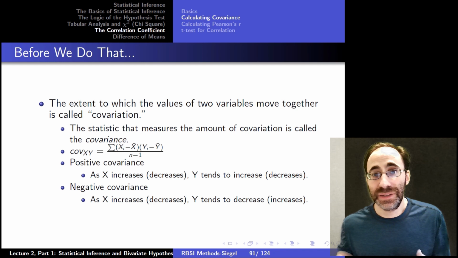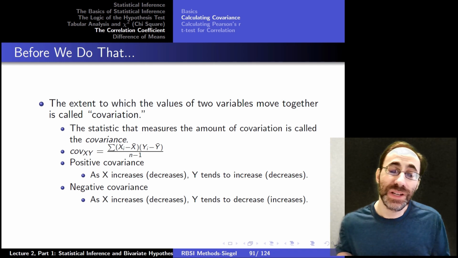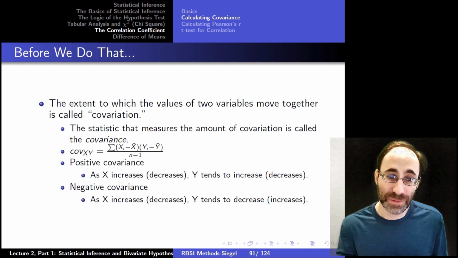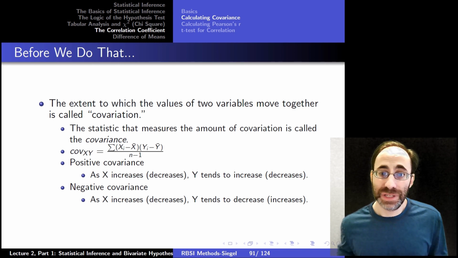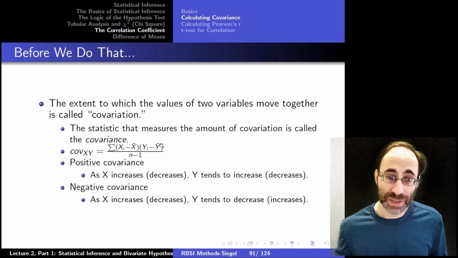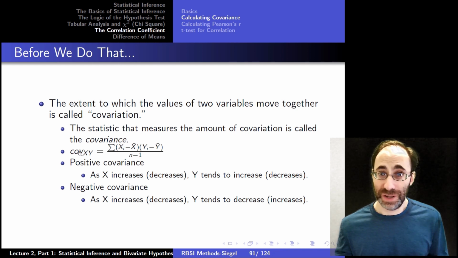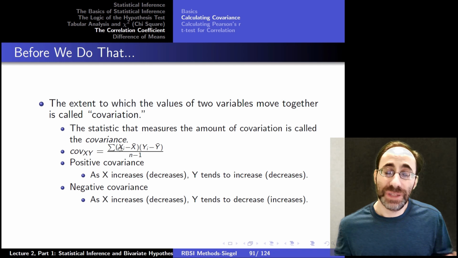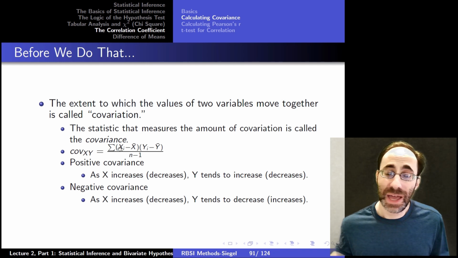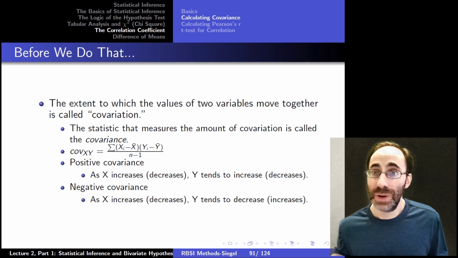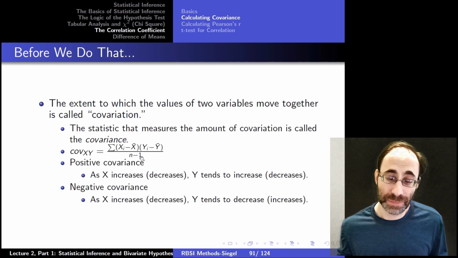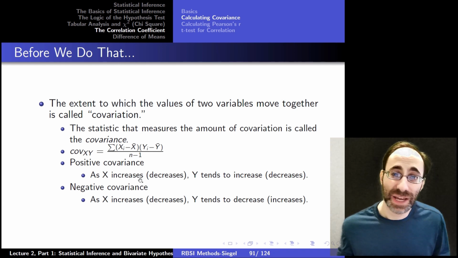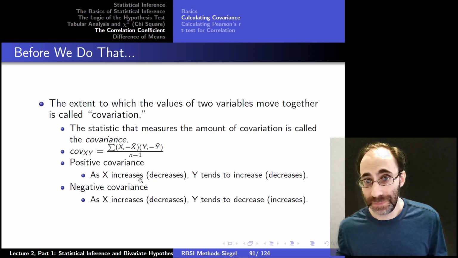And the statistic that measures covariation is very similar to the statistic that measures the variation in a single variable. The primary difference is that the covariance, represented by covariance xy, instead of being the sum of the squared deviations between x and its sample mean divided by n minus 1, is the sum of the multiplication of the deviations in x and the deviations in y.